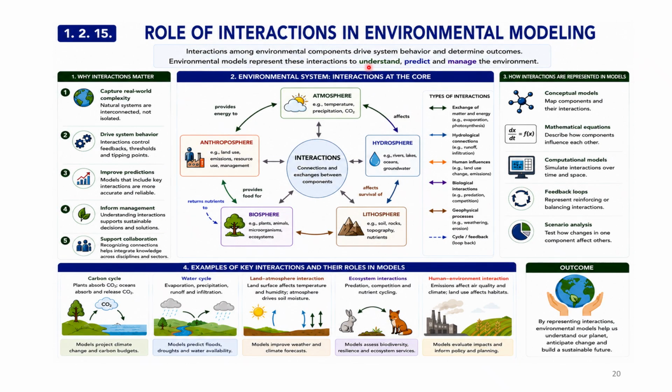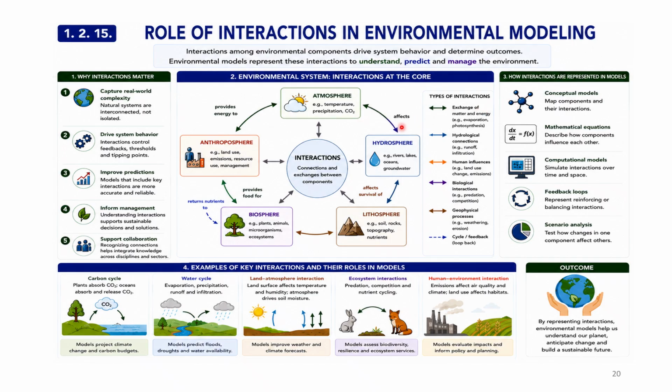Role of interactions in environmental modeling. Environmental systems are not isolated, they consist of interconnected components such as the atmosphere, hydrosphere, lithosphere, biosphere, and anthroposphere that continuously exchange energy, matter, and information. These interactions drive system behavior and determine environmental outcomes.